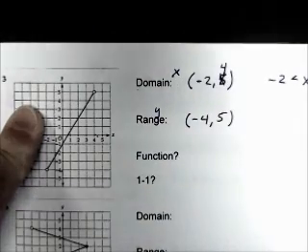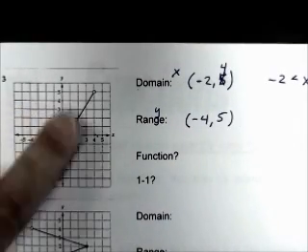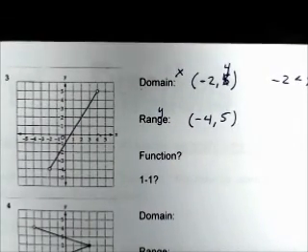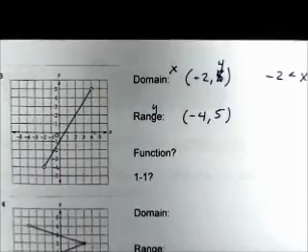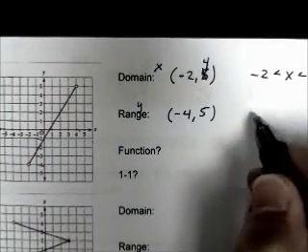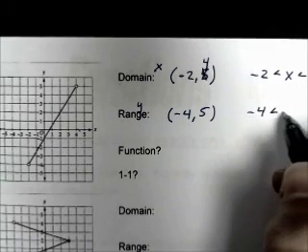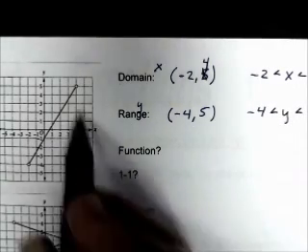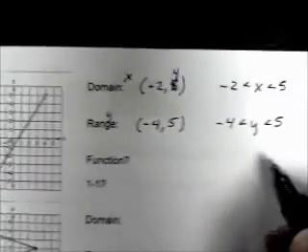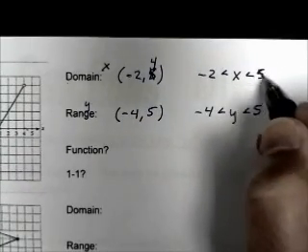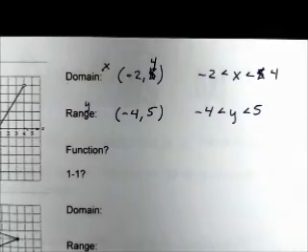I think I started off with 4, but then I don't know. I guess I should be wearing my glasses. Sorry. All right, and our range symbolically -4 less than y less than 5. And let me correct my symbolic form for my x's. That's supposed to be a 4.